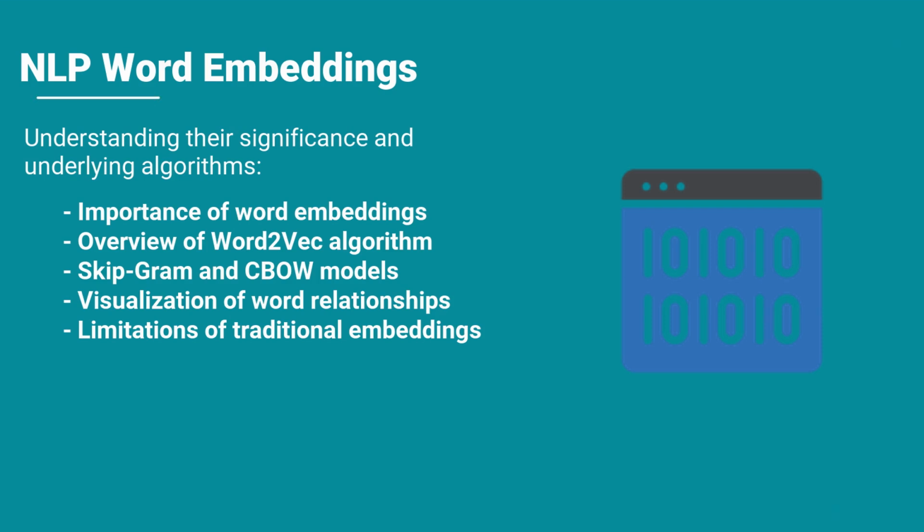We successfully implemented both the skipgram and continuous bag of words models to find words similar to our target word, king. Additionally, we visualized these clusters of word relationships using dimensionality reduction techniques, while also discussing the limitations of traditional embeddings, which ultimately led to the development of contextual embeddings.